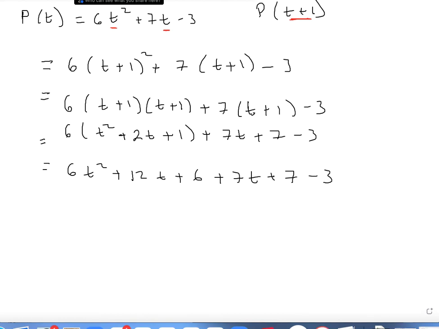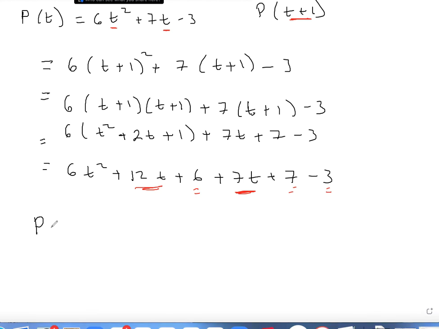And now I have to collect like terms. So that's my only squared. I have 12t there and 7t there, and then there's all my constant terms. So we'll just get that cleaned up.